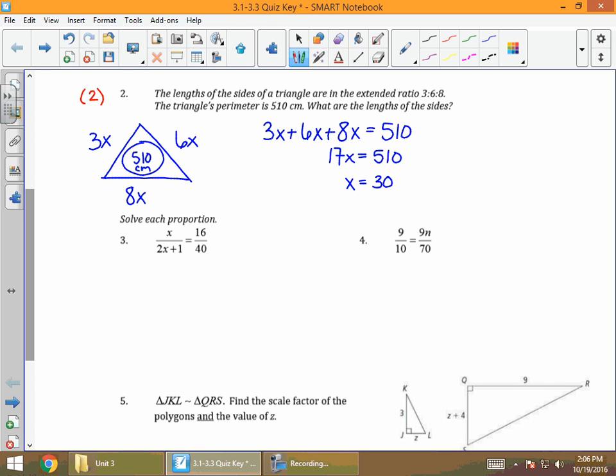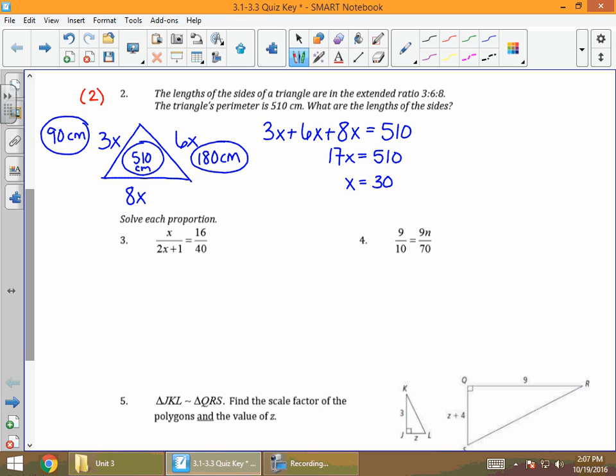Now that I know what x is, I can go back and find it. 3x is 3 times 30, so this side is 90 centimeters. Then 6x is 6 times 30, which is 180 centimeters.